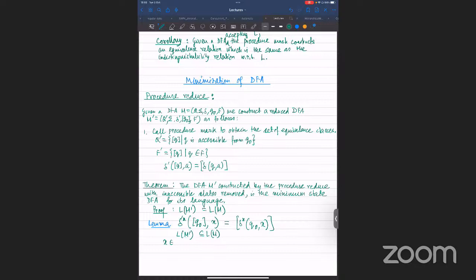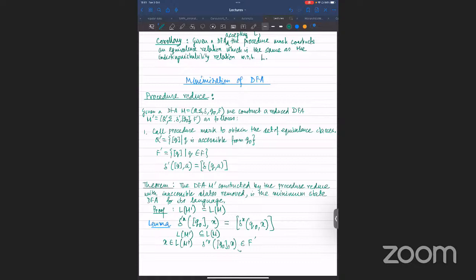Suppose X belongs to L of M prime, then what? Then delta prime star of Q0 comma X belongs to F prime, right?